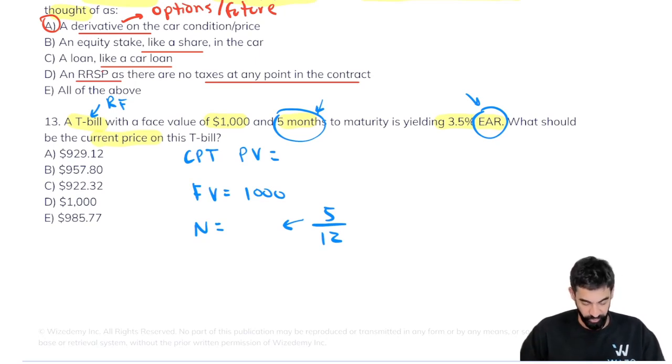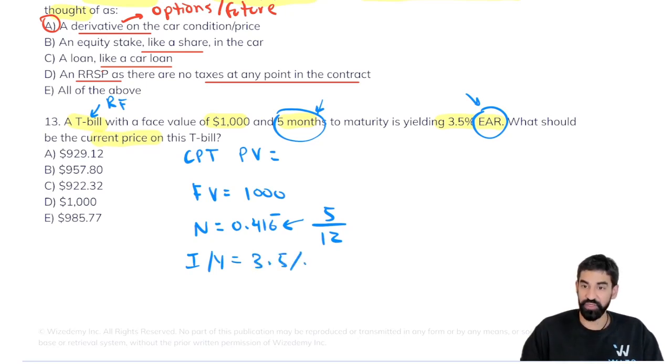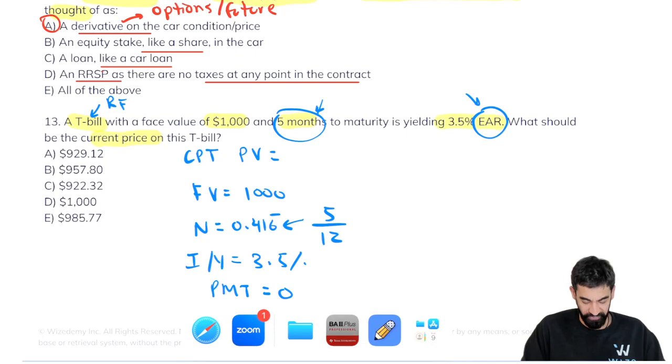5 over 12 is 0.4166 recurring. Your IY is 3.5, so I can just leave the IY as it is because everything is on an annual basis. I put payment as 0 because there are no coupon payments on a T-bill, and then you compute PV.